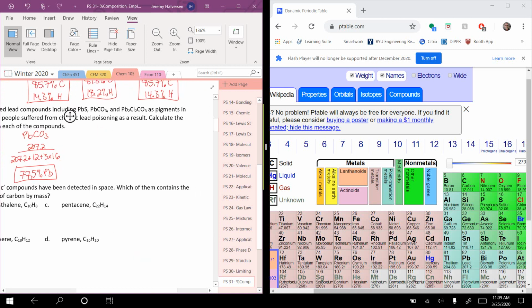And lastly, I've got my 2 leads, so Pb2Cl2CO3. I've got 2 leads divided by 2 leads plus 2 chlorines plus a carbon plus 3 oxygens. So my mass of lead divided by the total mass.